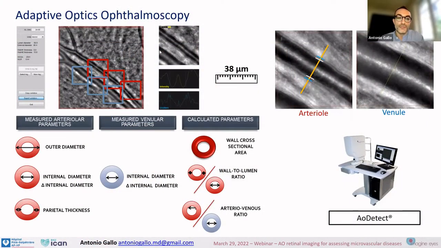So these are the first images that we were able to acquire. With a 5 to 10 minute acquisition, with the patient just being asked to stand still and possibly wink during the acquisition, we were able to capture images on a sufficiently long segment of the upper temporal arteriole and venule, and we were able to detect the vessel diameter and mostly the arterial wall.